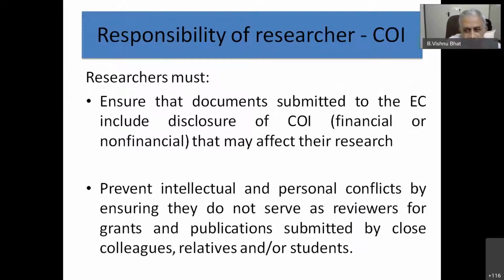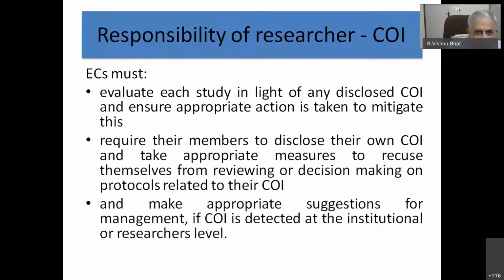Prevent intellectual and personal conflict by ensuring that when you are reviewing, the persons who are involved are not part of the decision making. Suppose it is my project, even if I am a member, I should recuse myself. I should not participate in taking the decision. Similarly, if your relative or close friend is submitting, you should recuse yourself while taking the decision.